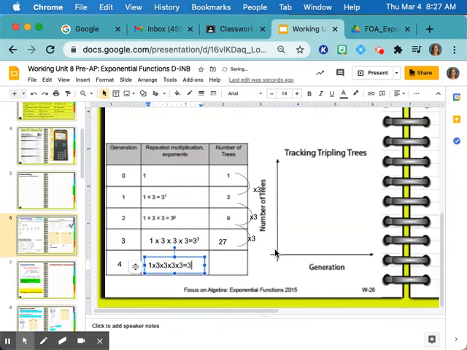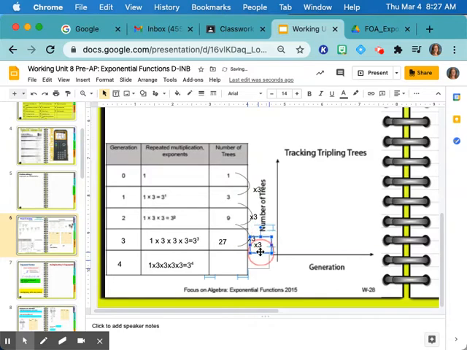So 3 raised to the 4th power. And what does that equal? Well, it's 27 times 3. 81. Good job.